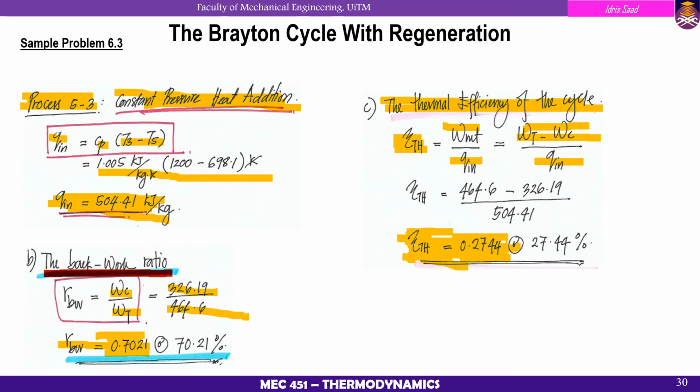That means for 1 liter of fuel used in the gas turbine engine, only 0.27 liters is used to do the work. The other 72 or 73% of the fuel is wasted to the surroundings.